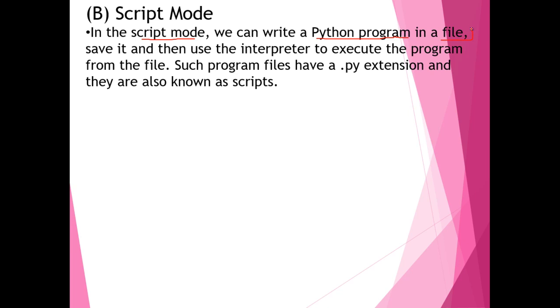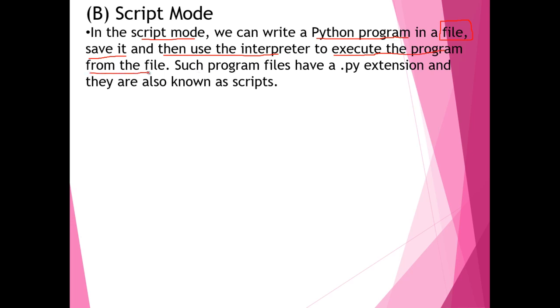So in case of the script mode, we have to create a file and write our code in that file. We will open a new file and then write our code in that new file, and after writing the code we will save that content. So we can write a Python program in a file, save it, and then use the interpreter to execute the program from the file.